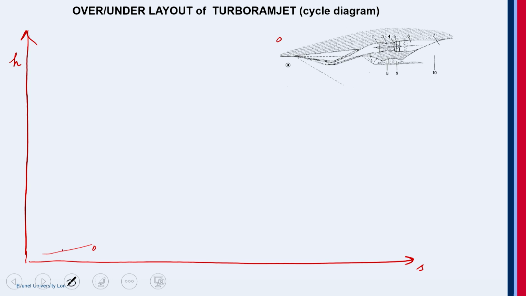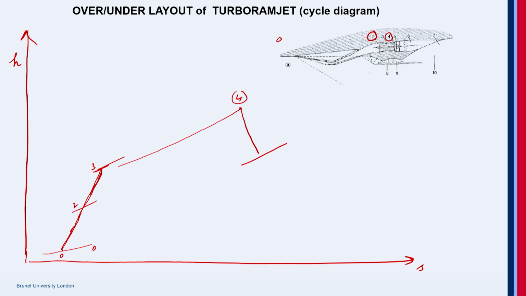From here it goes to the inlet of the turbojet engine, 2, and 2 to 3 is the compressor, 3 to 4 is the combustor, 4 to 5 is the expansion in the turbine.